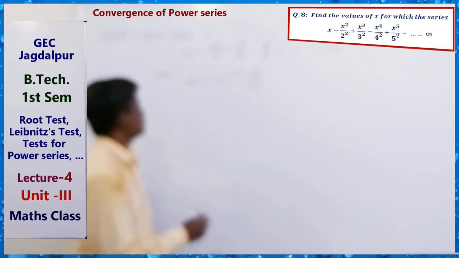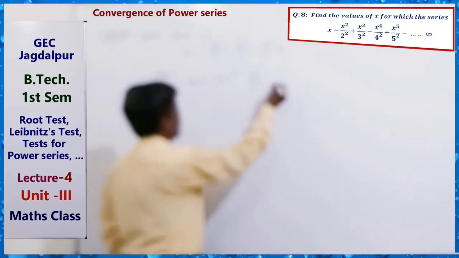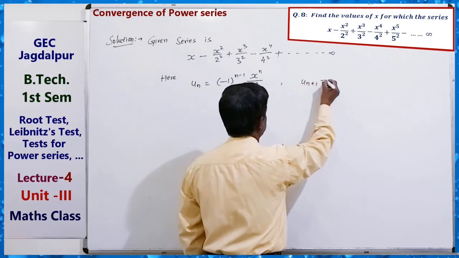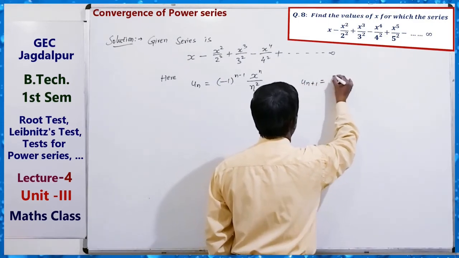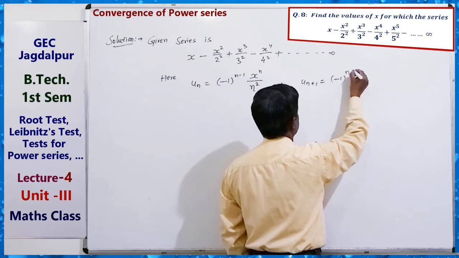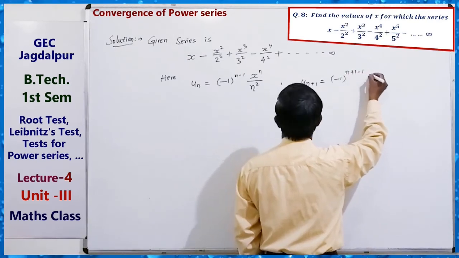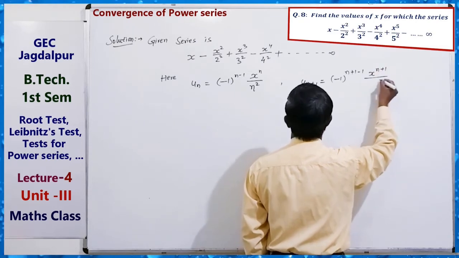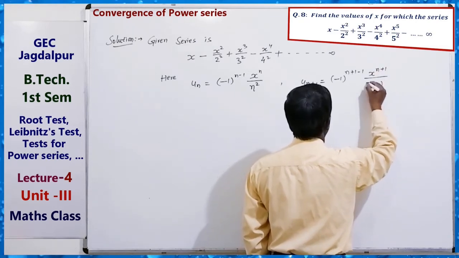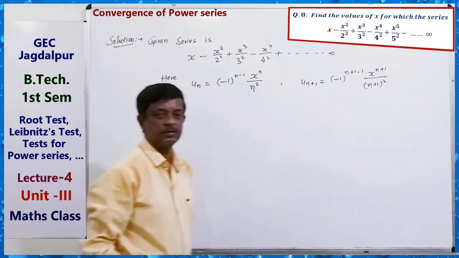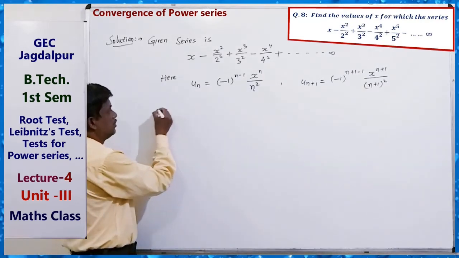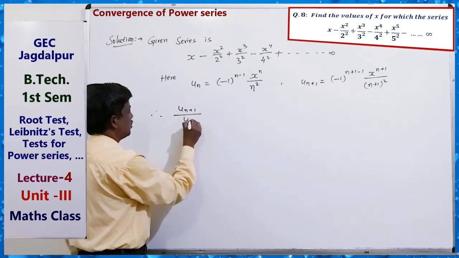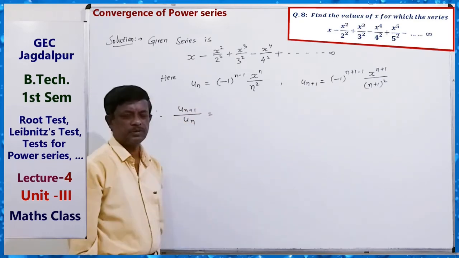For the ratio test, we will find the value of un plus 1, that is, minus 1 to the power n plus 1 minus 1 times x to the power n plus 1 upon n plus 1 square. Just we are finding this value.